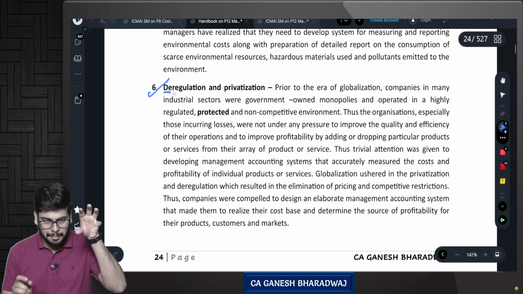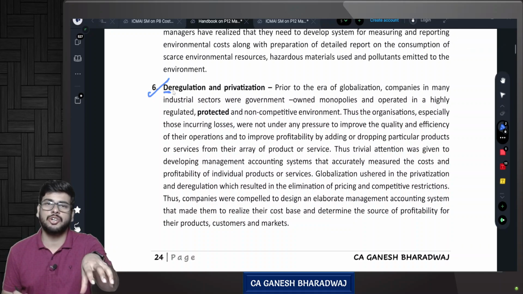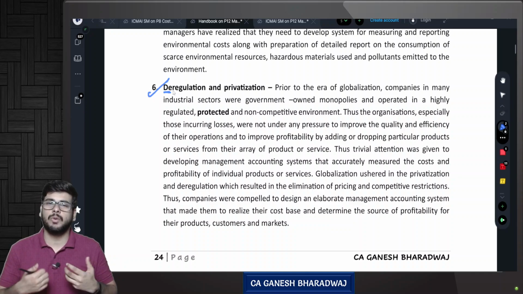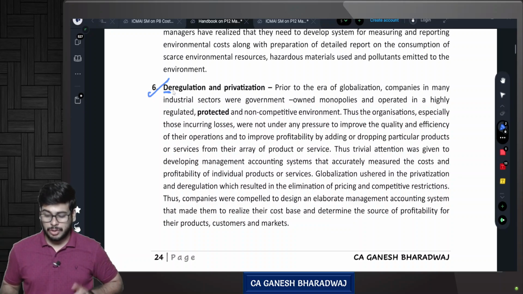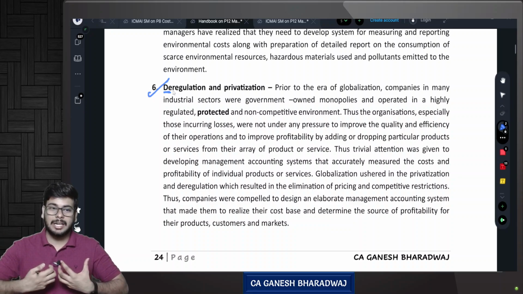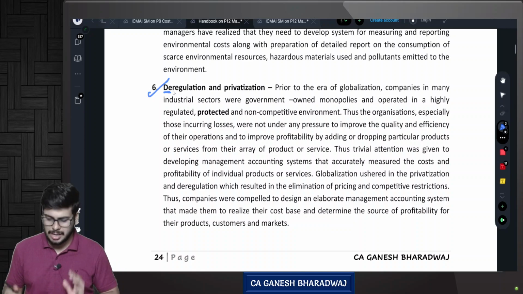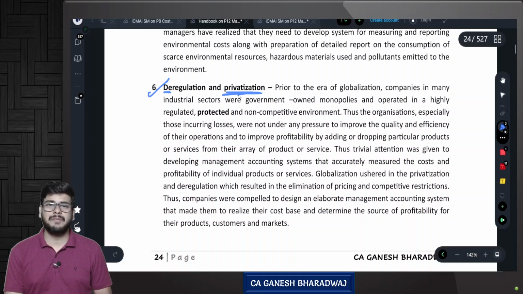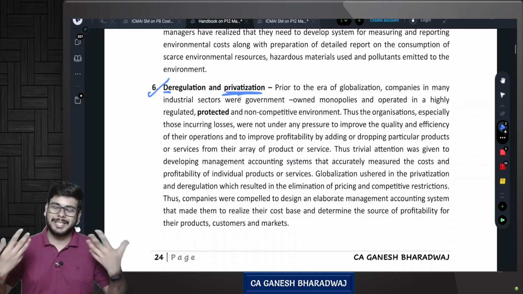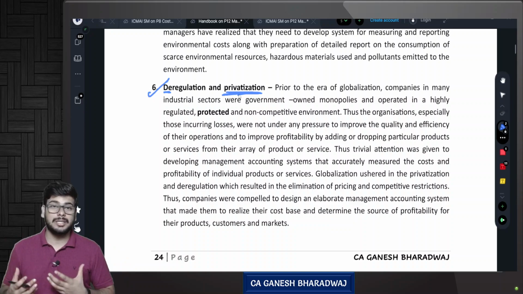Regulation means bringing something within the control of the government. Deregulation means they have just removed the controls. So right now the government has removed its stake in many companies, or they have come up with privatization. So they are encouraging people to start their own ventures. It's completely privatized. So now this is a good thing, right?